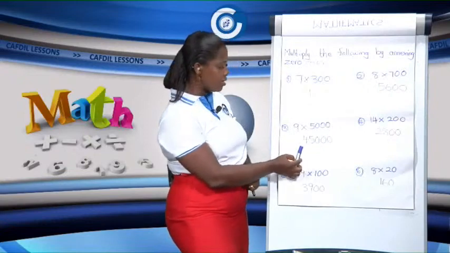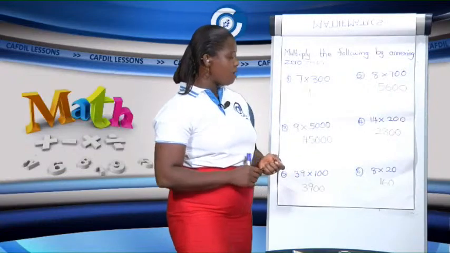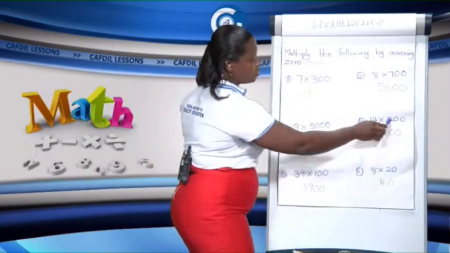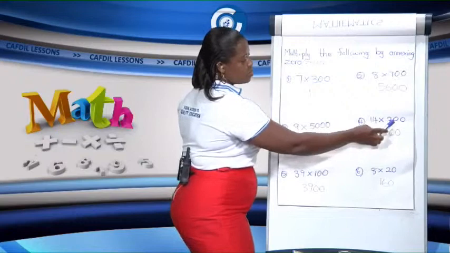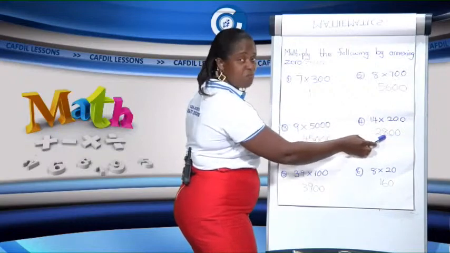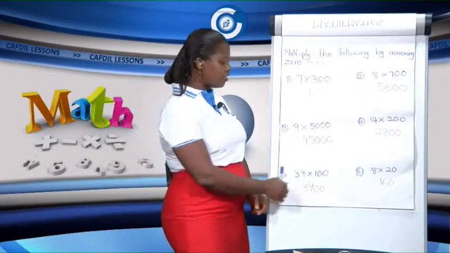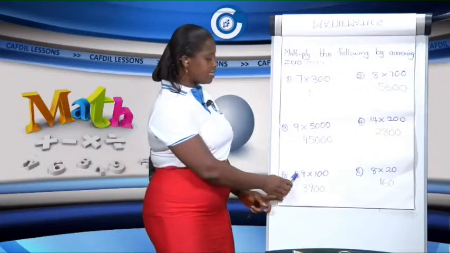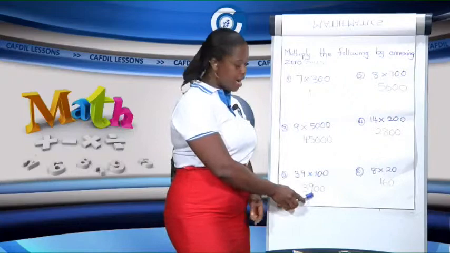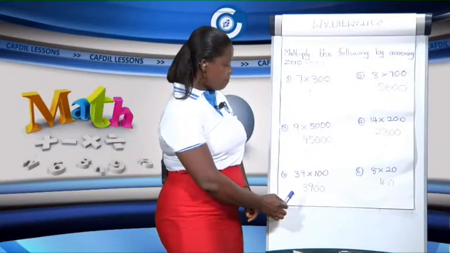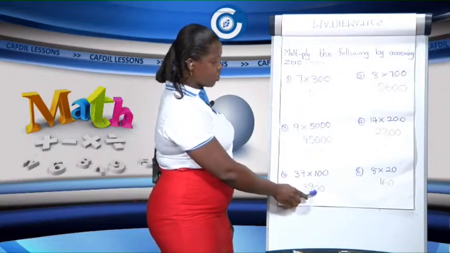So we had 45,000. 14 times 2, 28. We had 2 zeros, and then we brought them down. 39 times 100. 39 times 1, 39. Then we brought the 2 zeros down, making 3,900.